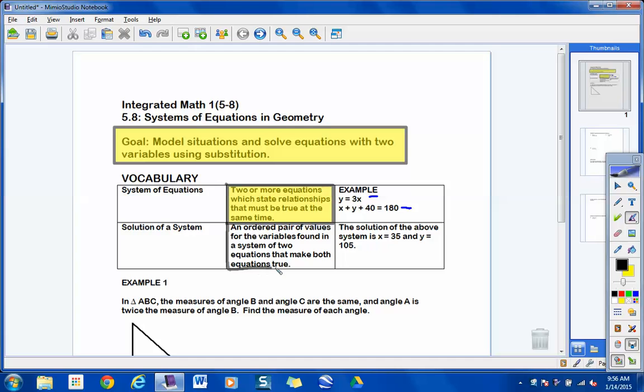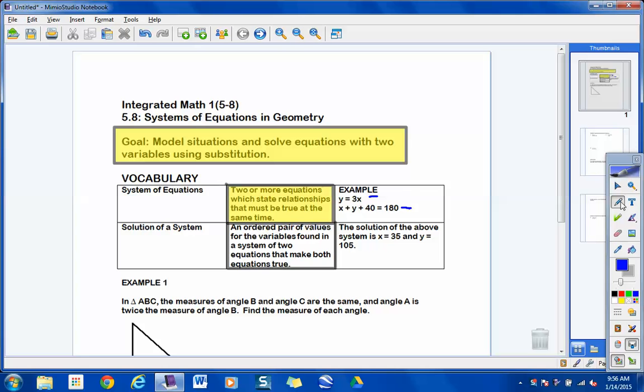So take a look at what I have over here in the box on the right. It says the solution of the above system is x equals 35 and y is what? 105. Watch what I do here. Guys, it says anywhere where there's an x, x has to be what value? I'm giving you the solution. I'll show you how to find this in a second. But what's it say the x value has to be? 35.